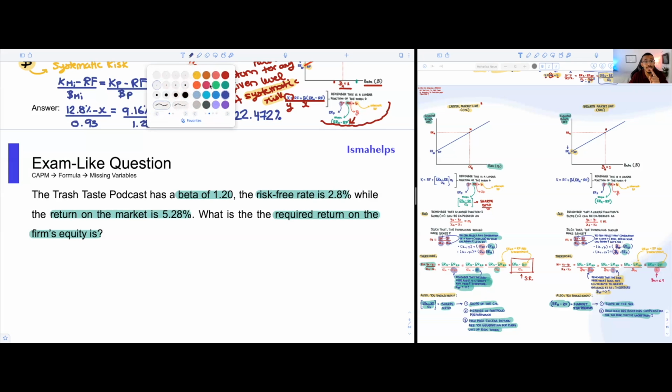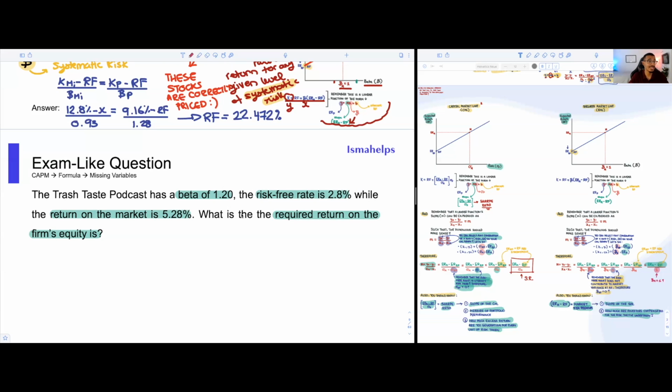So the first thing that I want to do once I've identified that is just write the only single formula we have under CAPM that really matters, and that's quite literally the SML formula, or to sound redundant, the CAPM formula. So the first thing you're going to do is write it at the top of your sheet, okay? We want to have it in front of us because then it's only a question of solving for the missing piece of our puzzle.